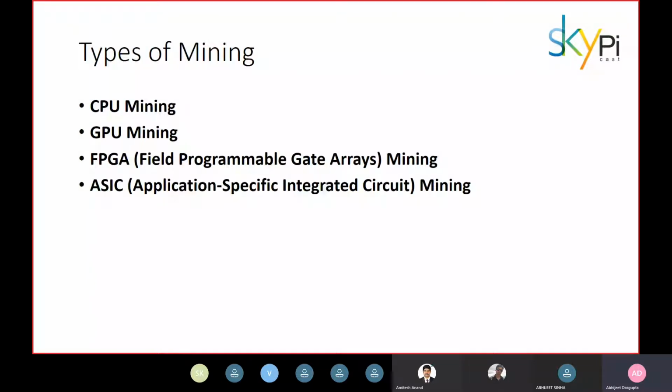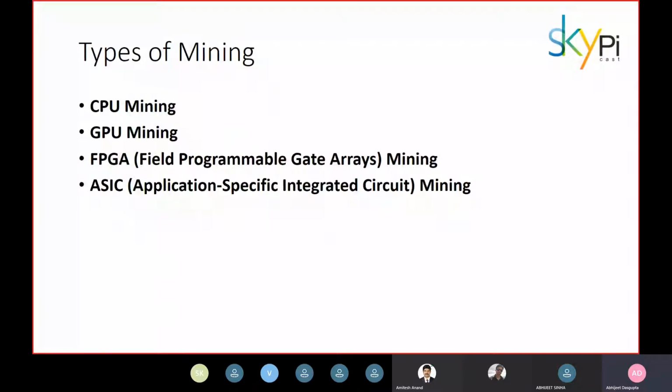For example, FLO, the coin that we are going to be using, uses a mining algorithm known as Scrypt, SCRYPT, and the ASIC miners that need to be used must be compatible with that. So you can't buy a generic ASIC miner and use it to mine any type of coins. So you need to keep that in mind.